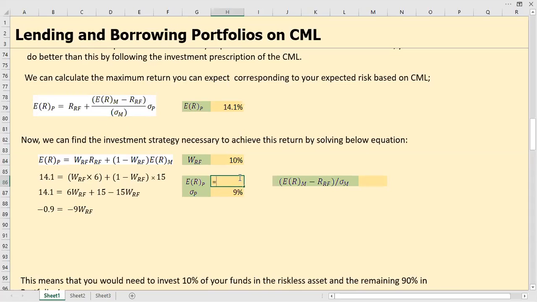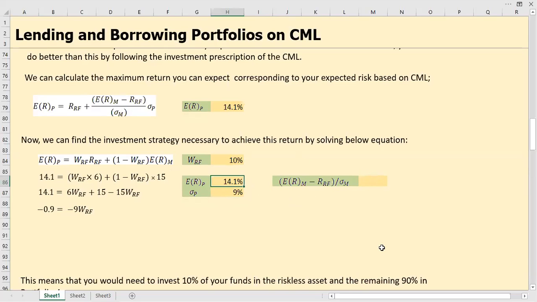Expected return is equal to the weight of the risk-free asset we just calculated, which is 10%, multiplied by the risk-free rate, which was 0.06, plus 1 minus the weight of the risk-free asset, again 10%, multiplied by the return of the market portfolio, that is 15%, 0.15. So you get the same answer, 14.1%.